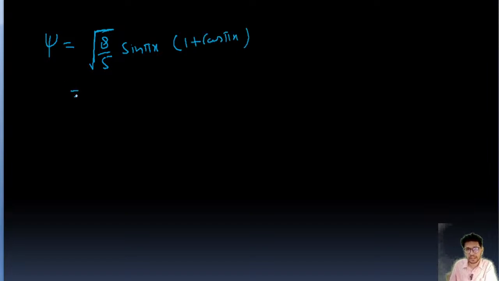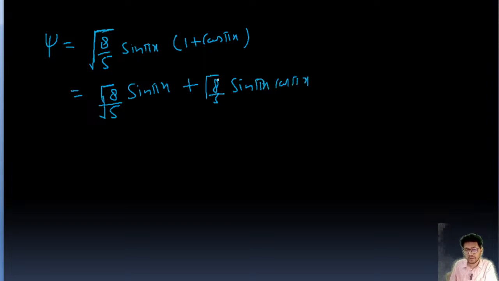Okay, we'll simplify it. So it is going to be root 8 upon 5. This is a complete root, guys. This is going to be sine pi x, very important step, guys, understand this. Plus root 8 upon 5 sine pi x cos pi x.